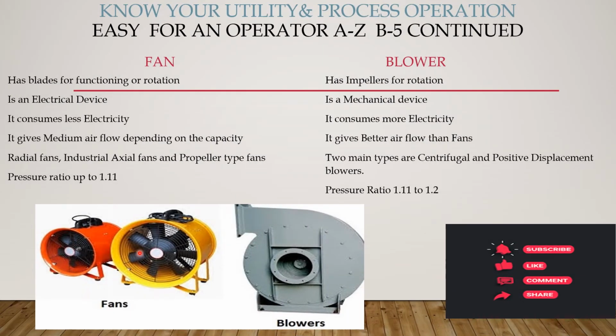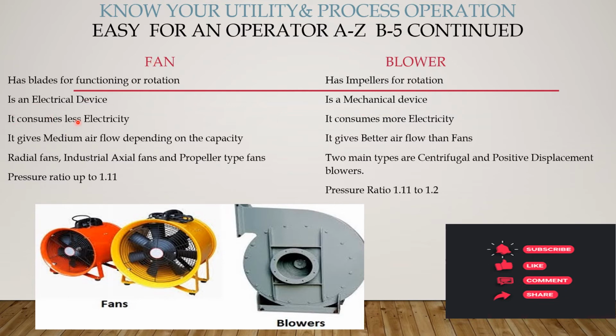This is a schematic diagram of a fan, and this is a schematic diagram of a blower. Now we can see the difference between fans and blowers. A fan has blades for rotation, whereas a blower has impellers for rotation. A fan is an electrical device, whereas a blower is a mechanical device.